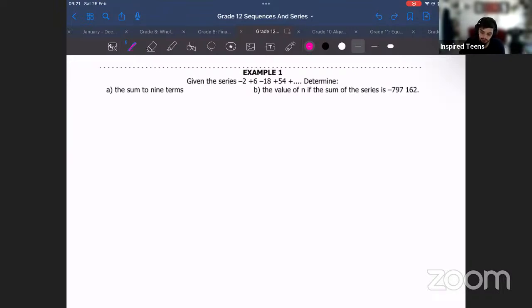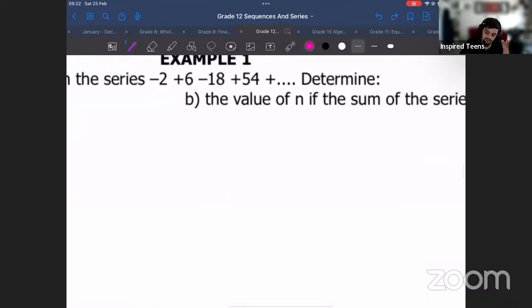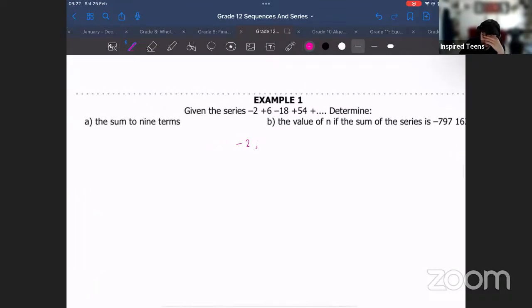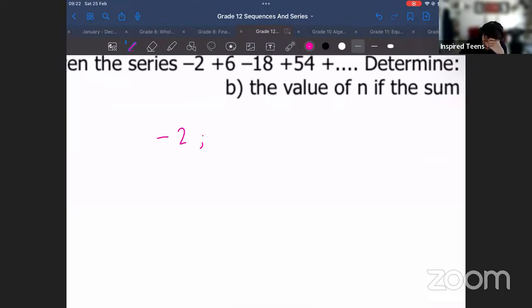Okay, let's do a question. Example 1: given the series -2, 6, -18, 54, determine the sum to 9 terms. So let's determine what type of pattern it is. First, -2, 6, -18, and 54, and so on.